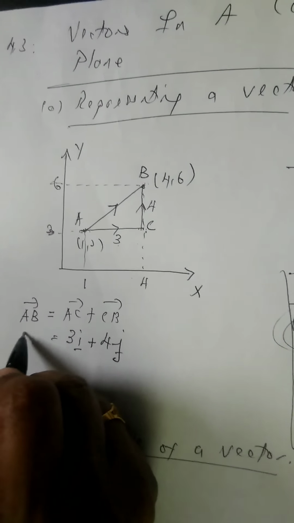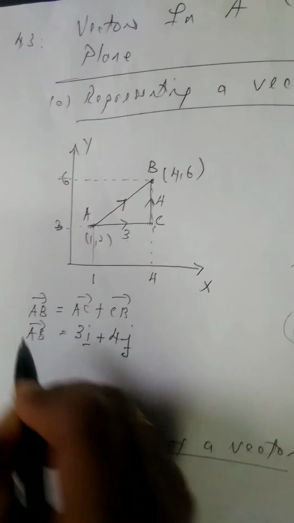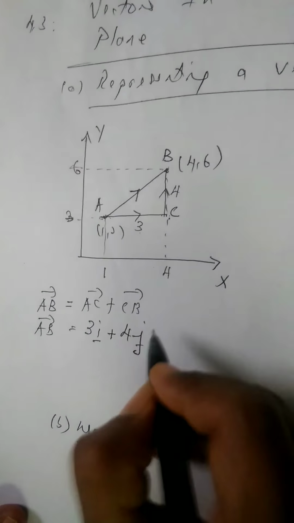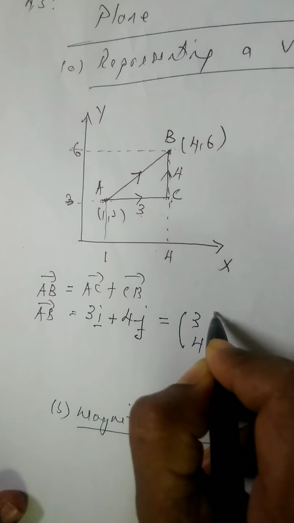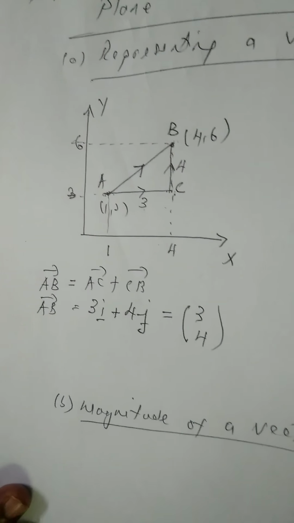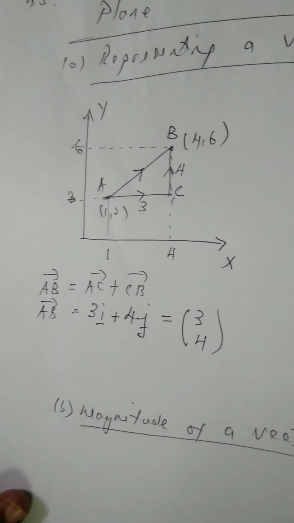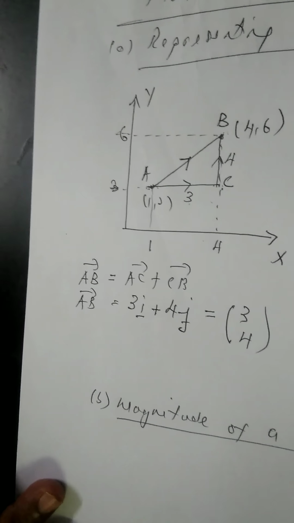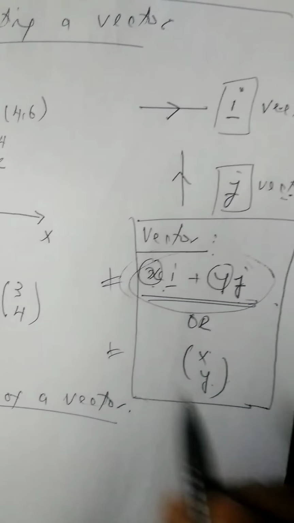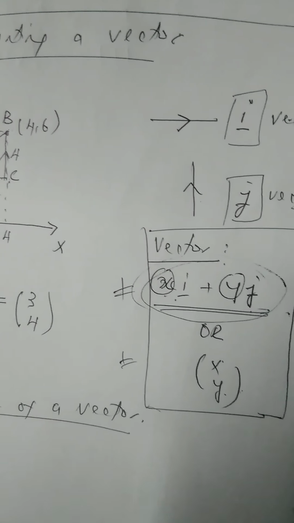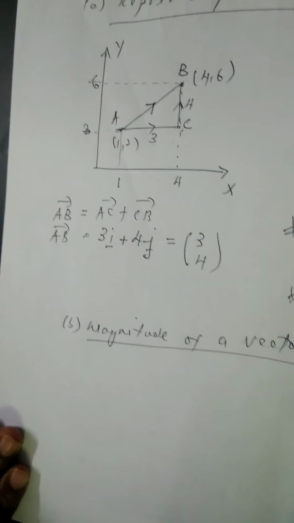So this is the vector represented in a Cartesian plane, or this can be written as (3, 4) in the form of a column vector. So it's either this or this. We pick any one of the methods of writing. That's the first part on how to represent.